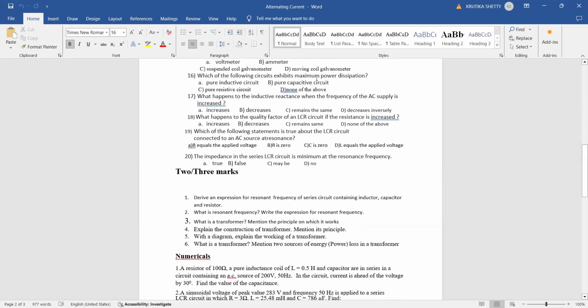Which of the following circuits exhibits maximum power dissipation? Whether it will be in an inductor circuit, capacitor circuit, resistive circuit, or none of the above. Yes, it is option C. Resistive circuit.